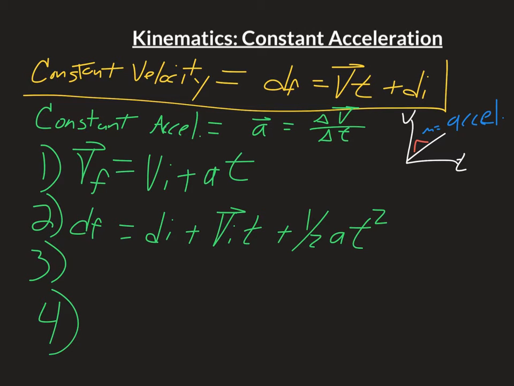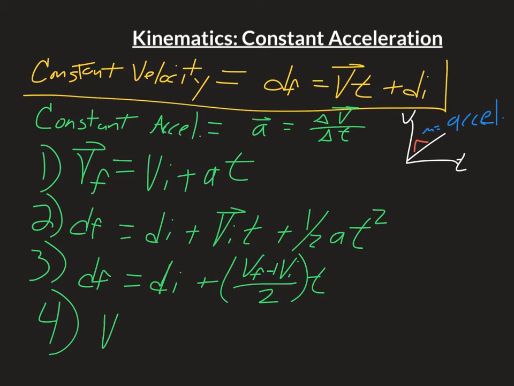Our next one, number 3, displacement final is equal to displacement initial plus velocity final plus velocity initial divided by 2, it's in parentheses, all multiplied by time.